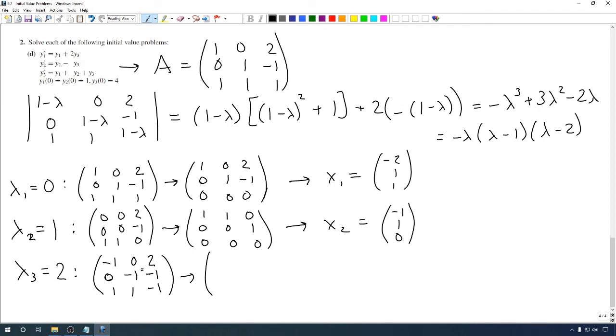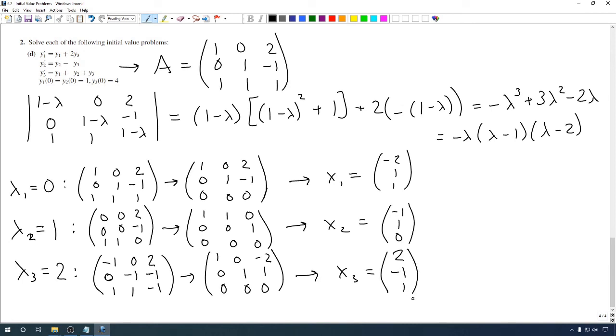Actually, our first two rows here, we can just multiply by negative 1 to make it easy on ourselves. So we have 1, 0, negative 2, and 0, 1, 1. Of course, our third row is actually going to cancel out. You should go through the steps of doing that, but I've already done that. But the important thing here is that we can, again, set our third variable to 1, means we get a negative 1 for our second one, and 2 for our first one.